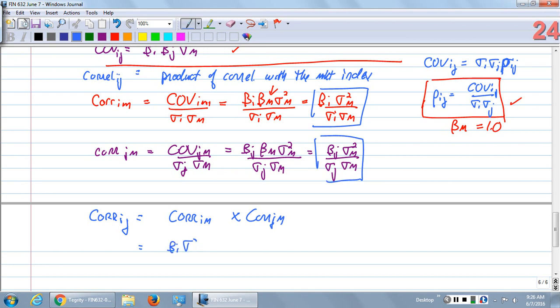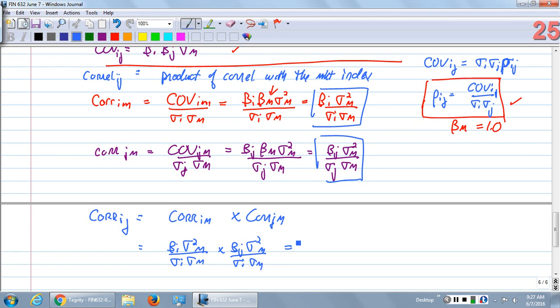Beta I sigma squared m over sigma I sigma m times beta J sigma squared m over sigma J sigma m.